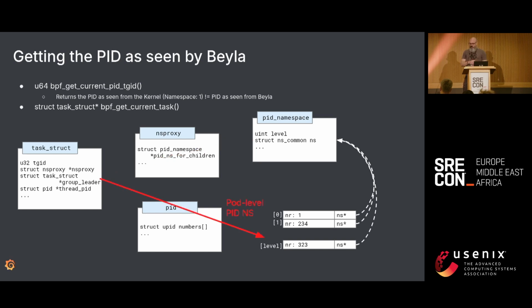Next, we go to the thread PID struct, and it has a numbers array, and in this array there are all the PIDs of that process at different levels. We just match the level that we got before in these numbers, and voila, we have the PID namespace. This seems straightforward, but it took us some weeks to figure out.